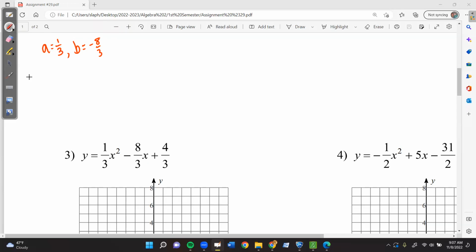And so we're going to do the opposite of b, divide that by double a. And here we go. So what is the opposite of b? So I'm going to put positive 8/3, and then I'm going to divide it by, I'm going to make a bigger division sign. So the little fraction that I put up there for opposite of b, I want it to be dwarfed by the granddaddy, big papa division of the problem itself. And then on the bottom, I'm going to do double A. What's 2 times 1/3? 2/3.